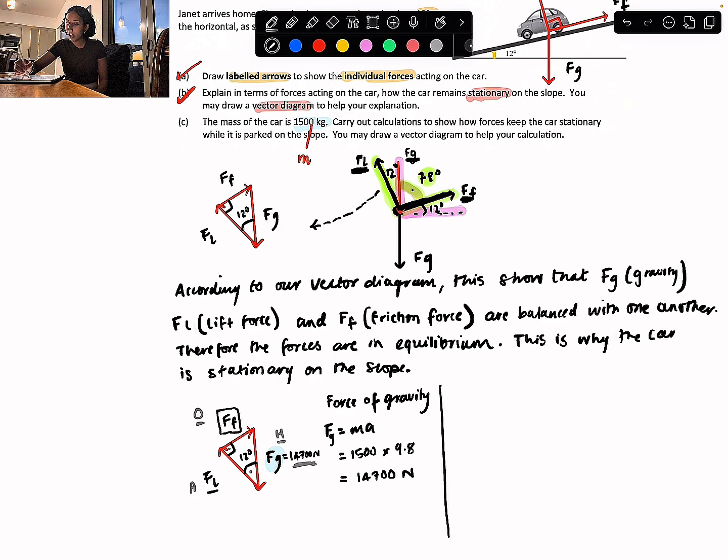So let's go ahead and work that out. If I'm using O and H, that means I use the SOH function, which is the sine in trigonometry.